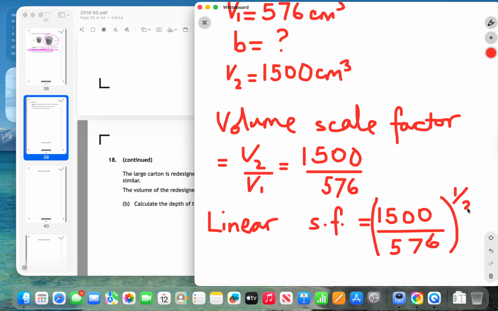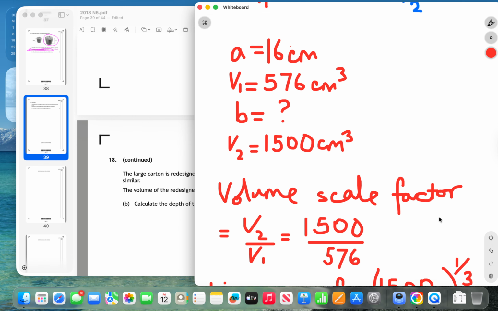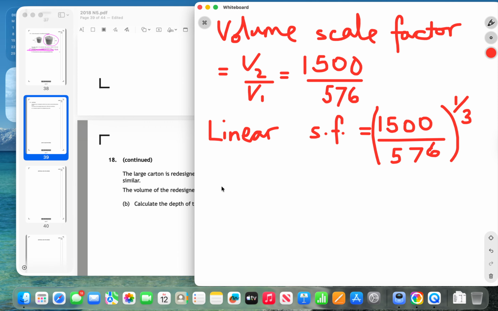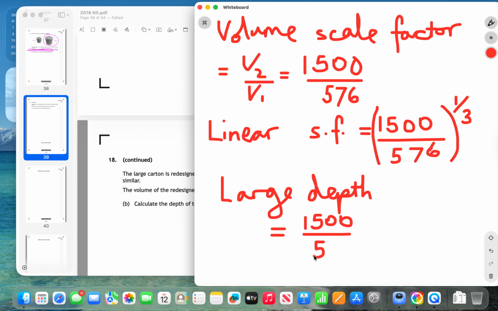And what we can do then is multiply this by the small depth. So you multiply this by A. So we say that the large depth equals 1,500 over 576, and all of this to the power of 1/3 multiplied by A, or multiplied by 16.